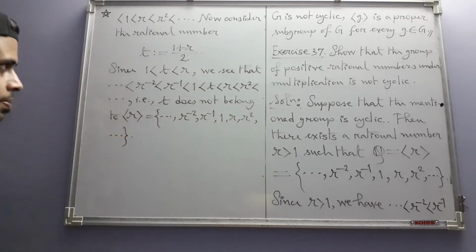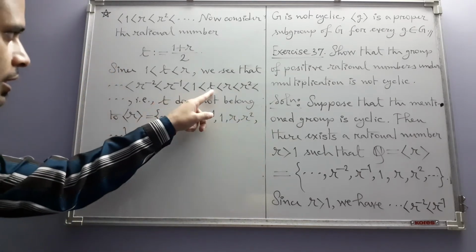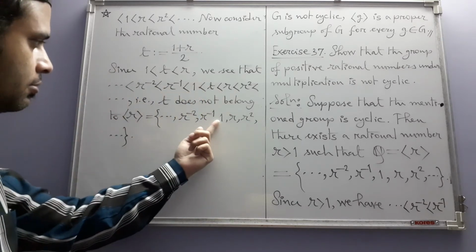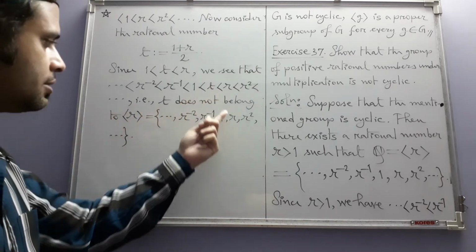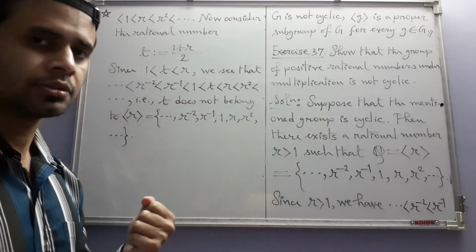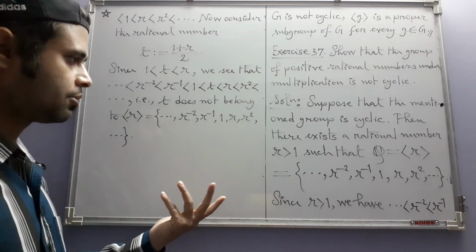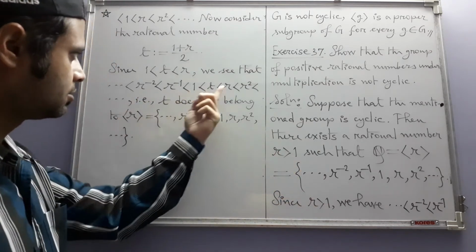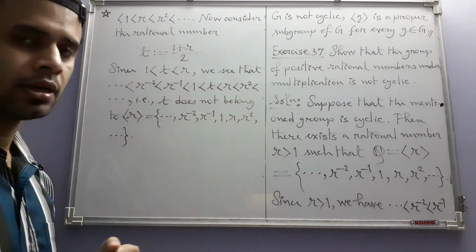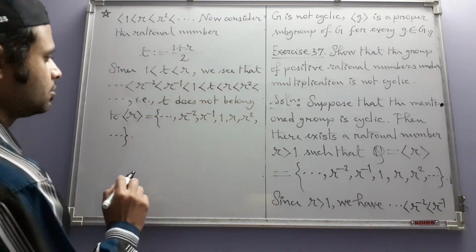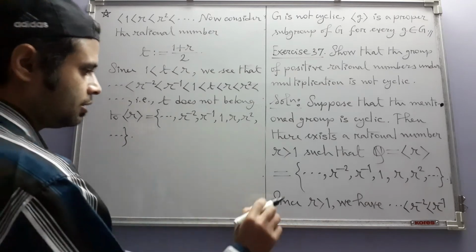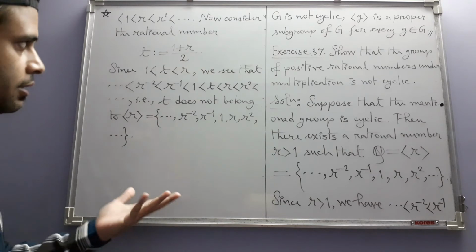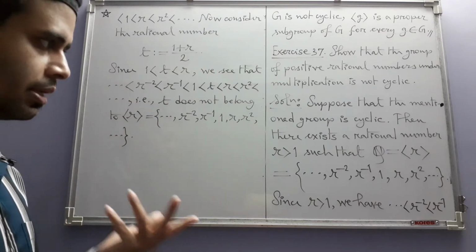Why? Because t is greater than all these elements and t is less than all of the other elements. So clearly t is not equal to any integral power of r because of these order relations. And that means t does not belong to this cyclic subgroup, but t is a rational number, so that is a contradiction.